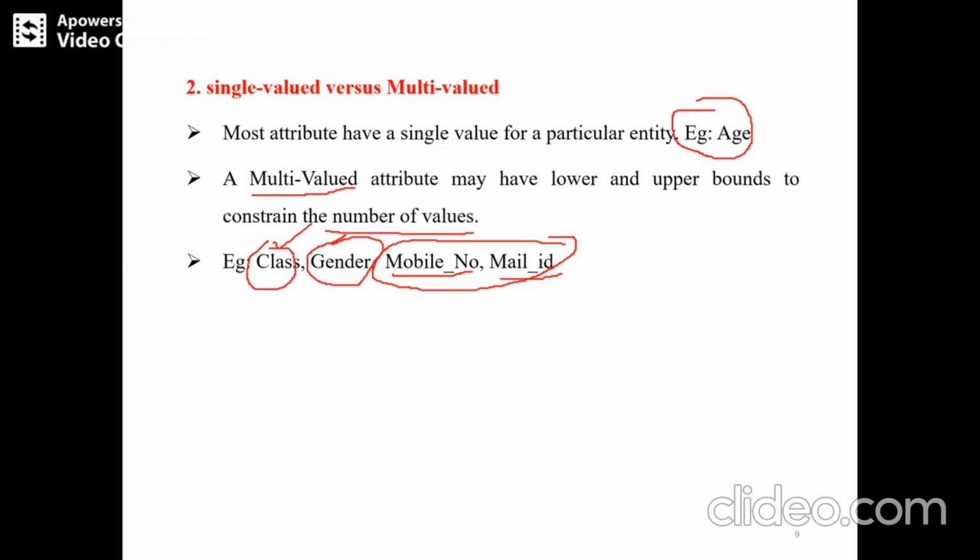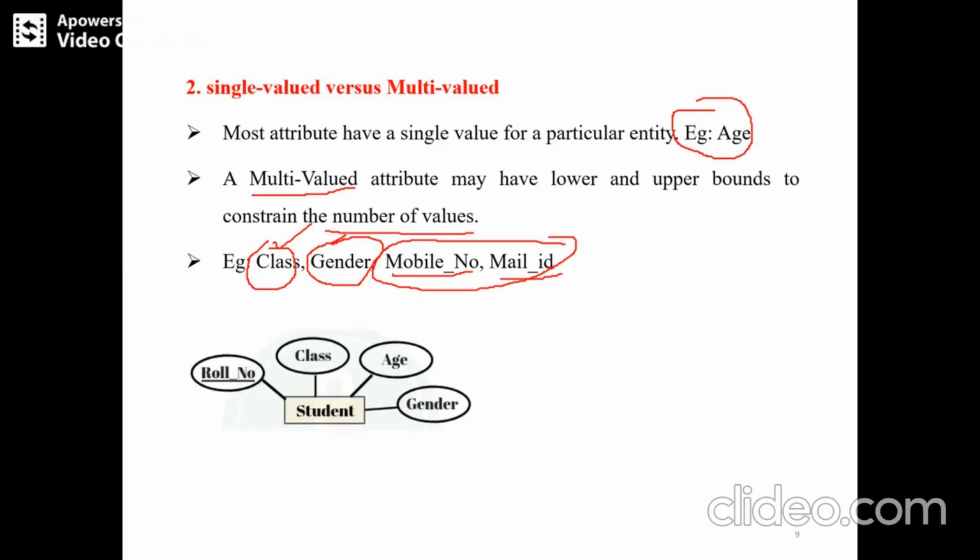Now we will see how we represent these in the entity relationship diagram. This single valued attribute we can represent like this. These are all single valued attributes. These attributes are represented by using an oval symbol with a line. You can see here the strong entities are represented by using rectangle boxes.